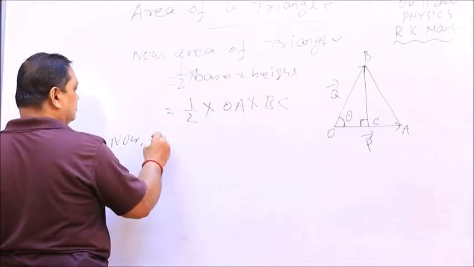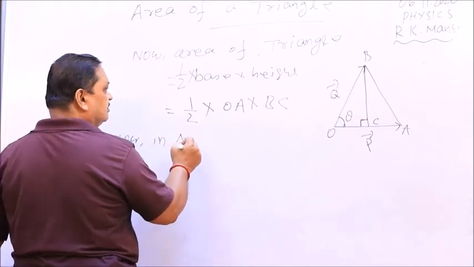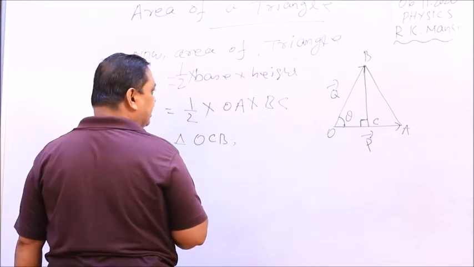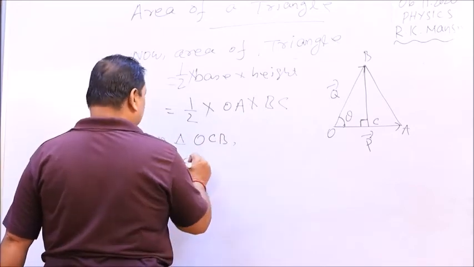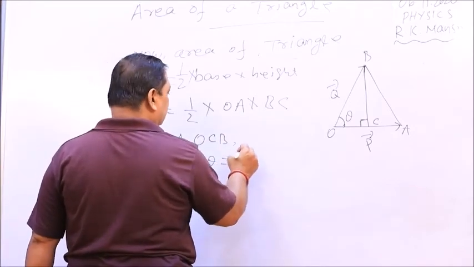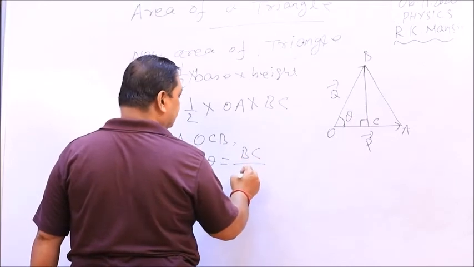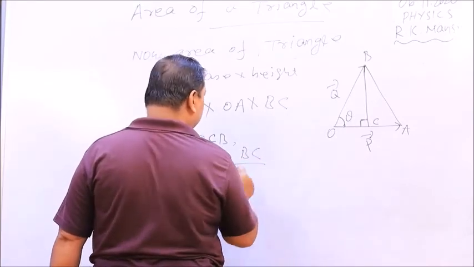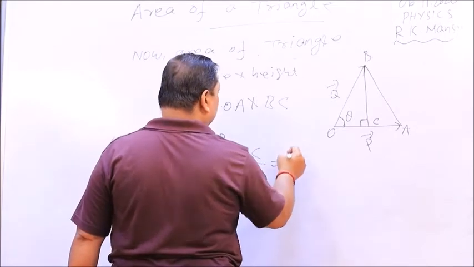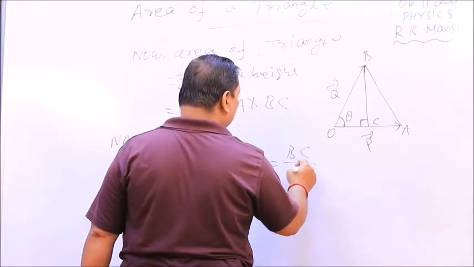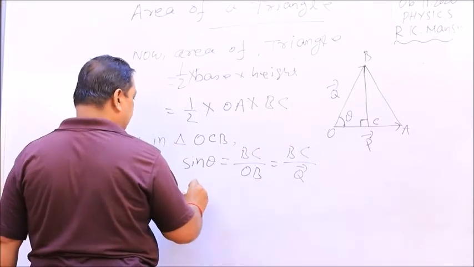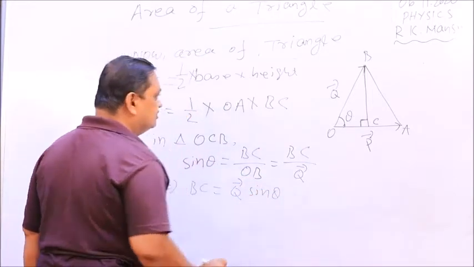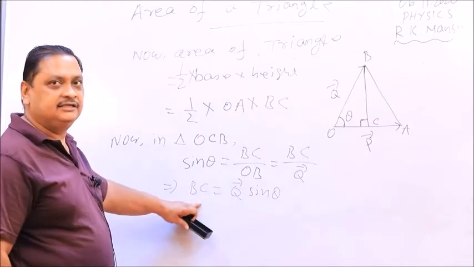Now in right angle triangle OCB, sin theta equal to BC by OB, that is BC by vector Q, implying BC equal to Q sin theta. So this is the value of height BC.